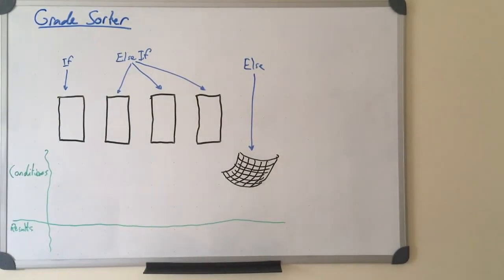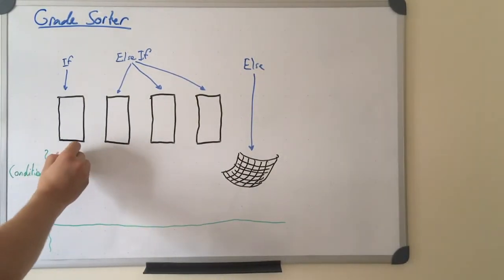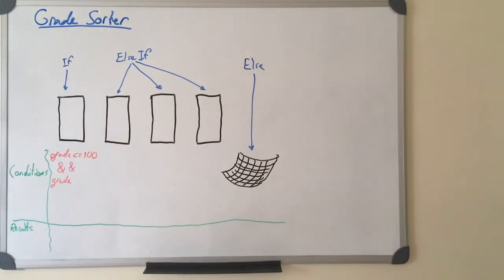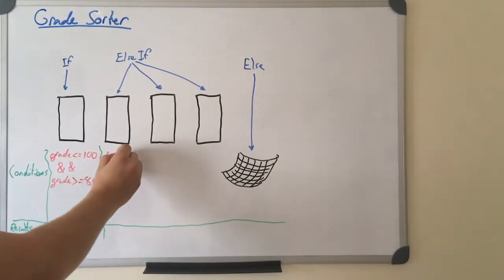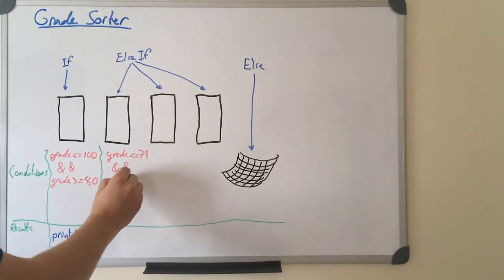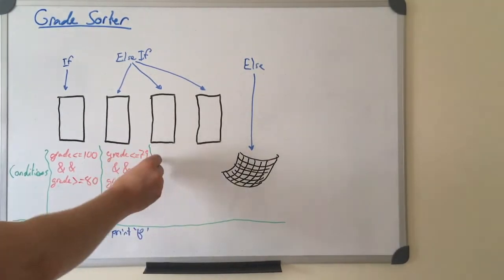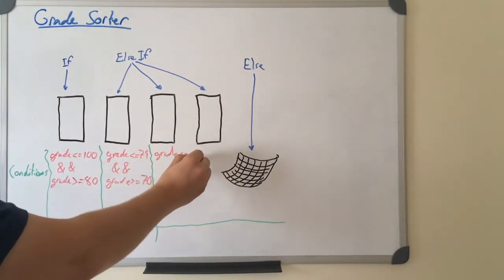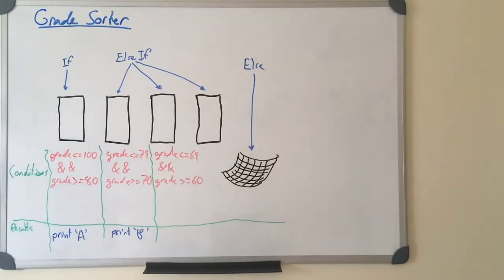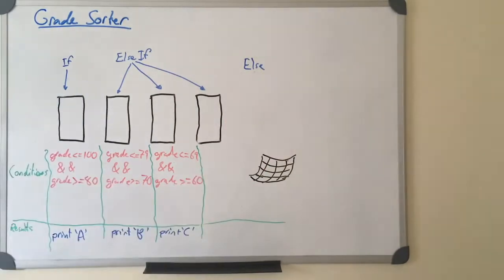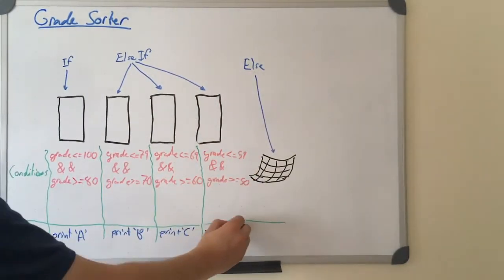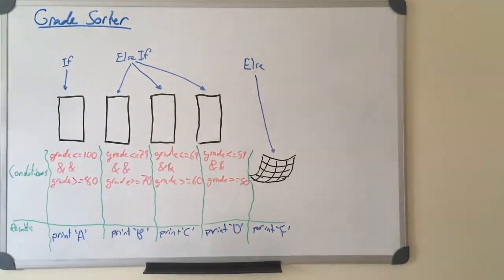For example, if the grade is less than or equal to 100 and the grade is greater than or equal to 80, print A. Else if grade is less than or equal to 79, and it's greater than or equal to 70, print B. Else if grade is less than or equal to 69, and the grade is greater than or equal to 60, print C, and so on. The final else would be printing F.